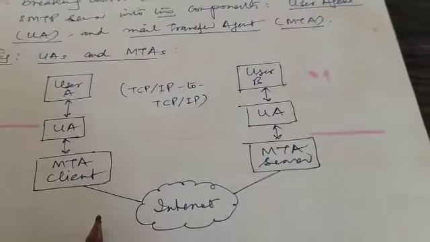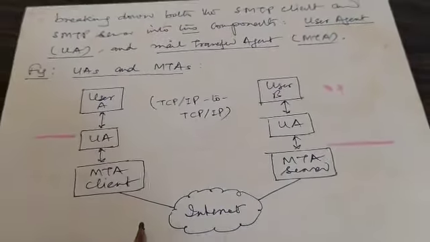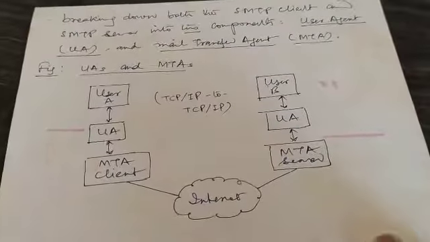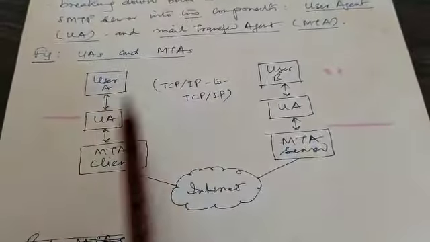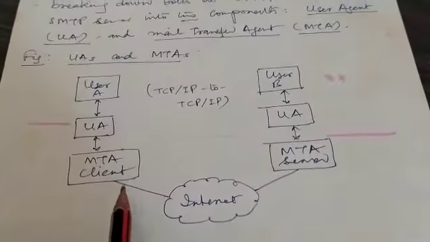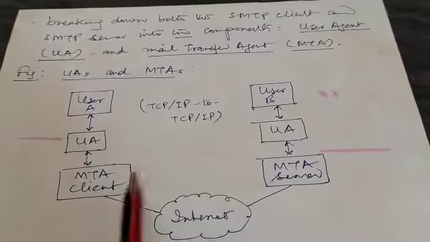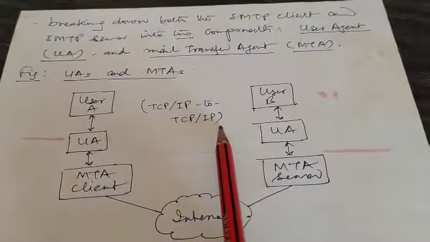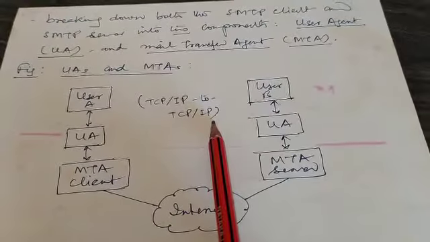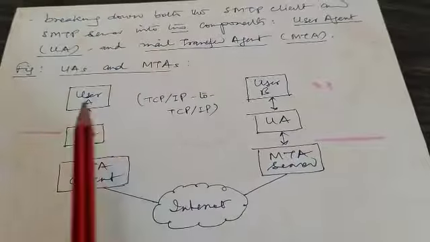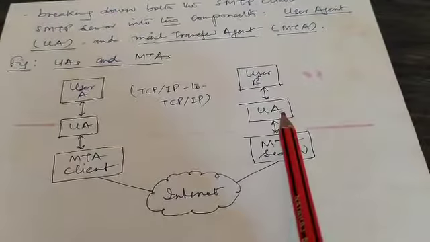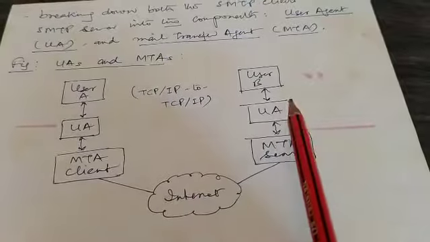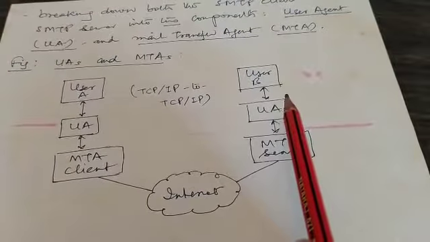So this mail transfer agent is basically responsible for transferring the mails. This diagram we have shown basically for the purpose of TCP/IP to TCP/IP communication. That is, when both the sides, the client side as well as the server side, are TCP/IP compatible systems.